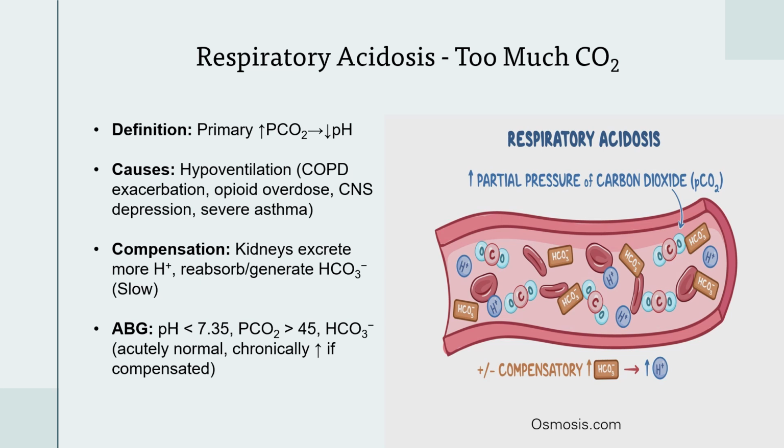Now, what are the causes for this? Well, if you're retaining a lot of carbon dioxide, in other words, if you're not making the lungs exhale carbon dioxide and you're just holding or retaining it, or if you have chronic obstructive pulmonary disease, or emphysema, or any kind of opioid overdose, or pneumonia that perturbs the gas exchange at the alveolar level, any of those things will cause hypoventilation.